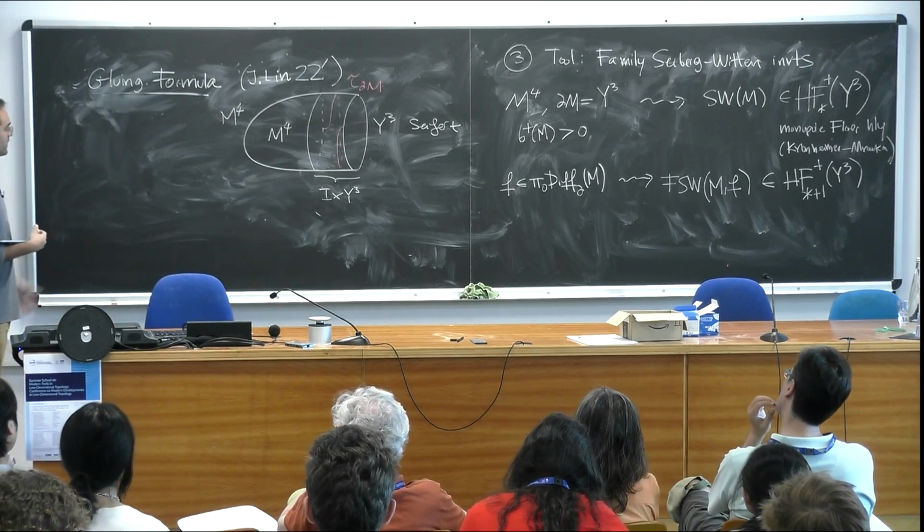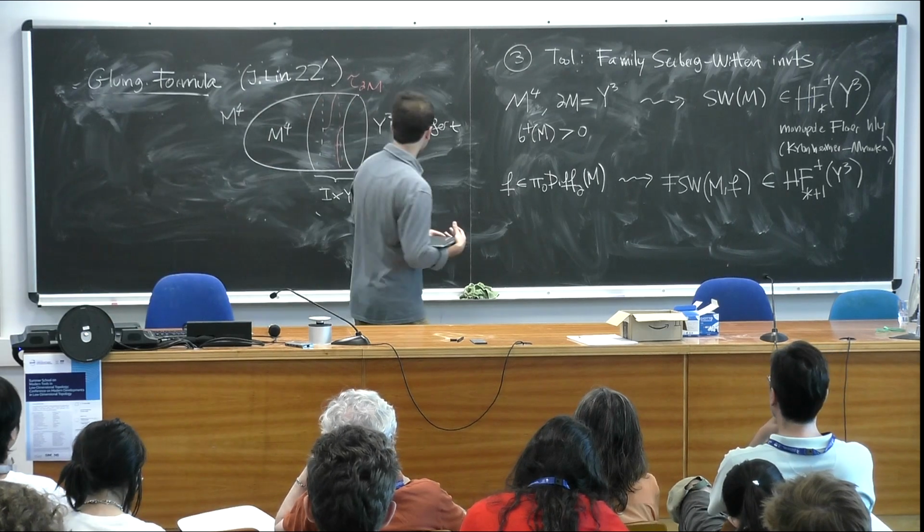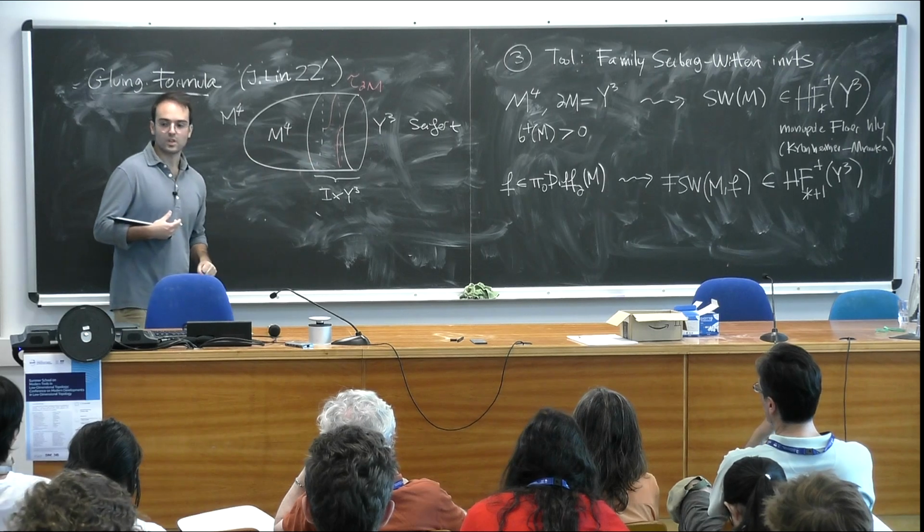So whenever you have this sort of situation, you can compute the family Seiberg-Witten invariants on M by suitable contributions coming from the two pieces.